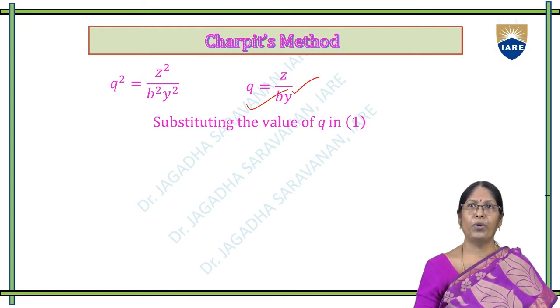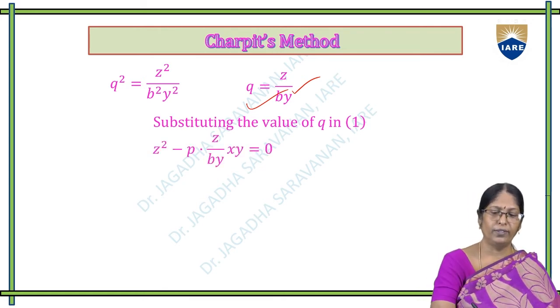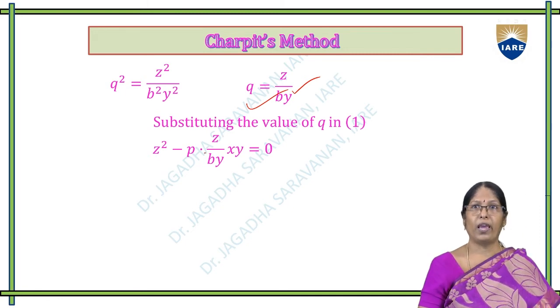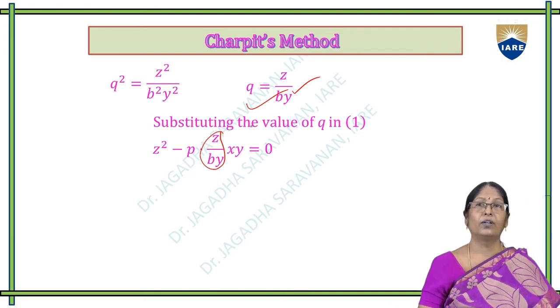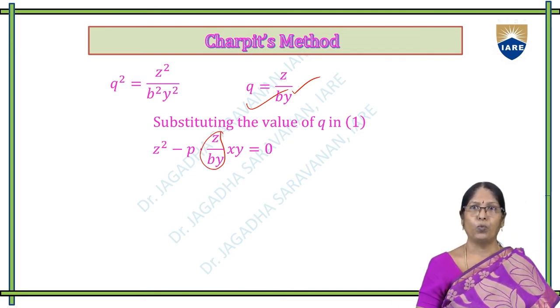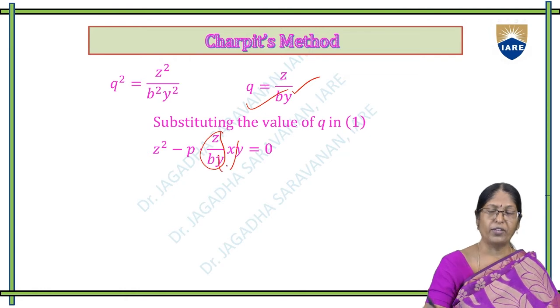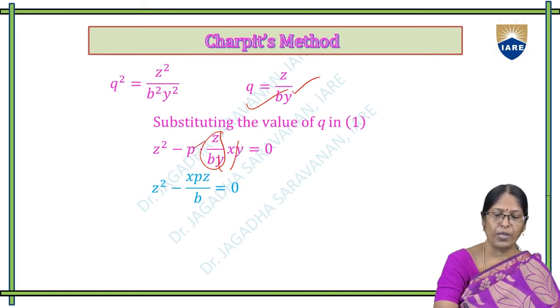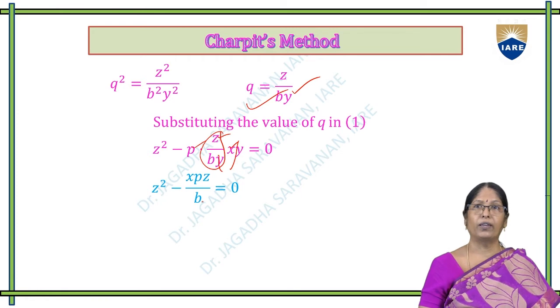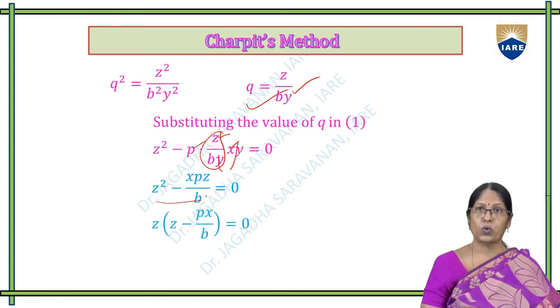Substituting the value of q in equation 1, that is z square minus pxy, that is our first equation. Here we are going to add what is q. So in this place we added z by y, the y getting cancelled. So z square minus pzx divided by b equal to 0. In this, z is common.